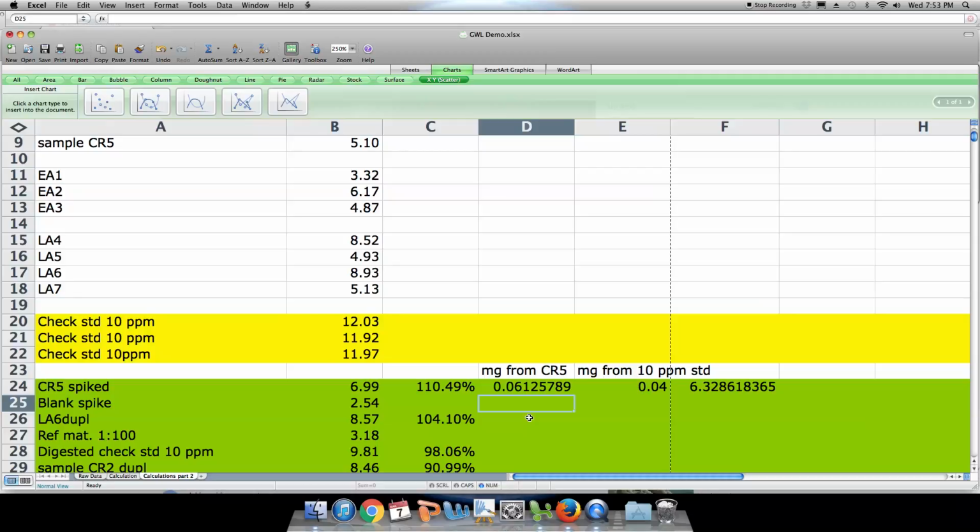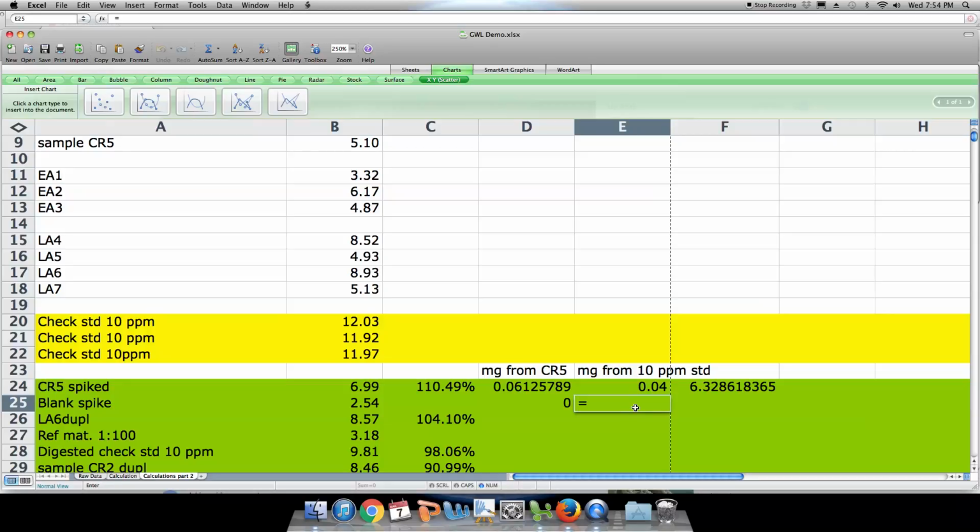Now let's do the same thing for our blank. In this case, we took 12 milliliters of water, 0.012 liters times 0 milligrams per liter, or 0 parts per million.